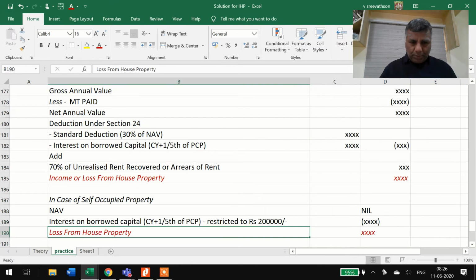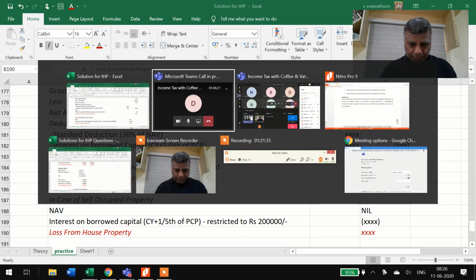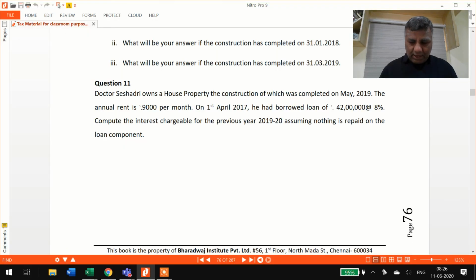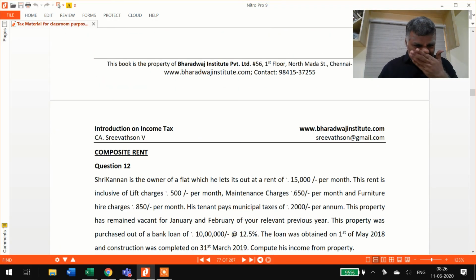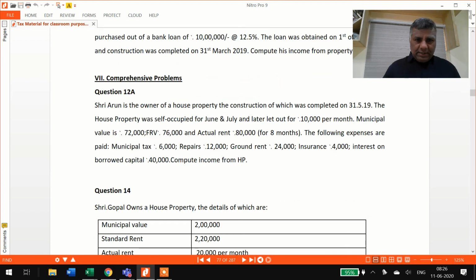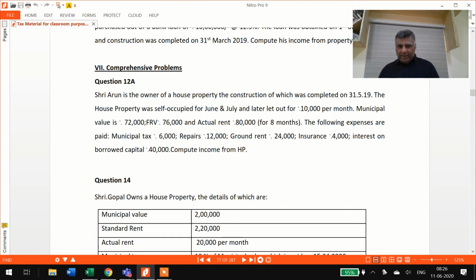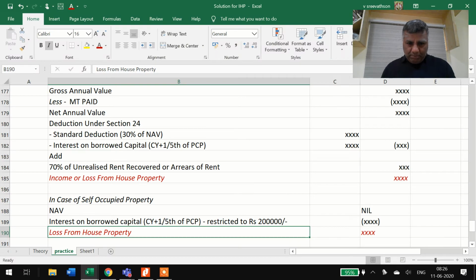To your practical notebook, let's start with the comprehensive solutions. I'll come back to 11. I'm in 12A, question number 12A, page number 77.